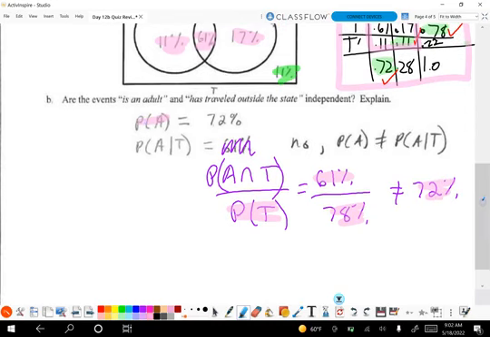That answer of 0.61 divided by 0.78, that equals 0.78. Not sure if that's right. But either way, the probabilities are not equal, so we are always going to say not independent.